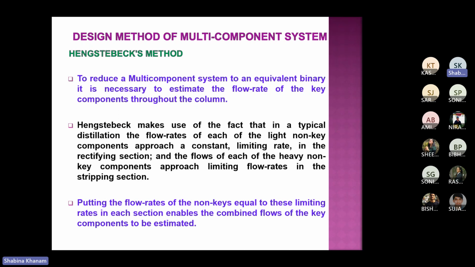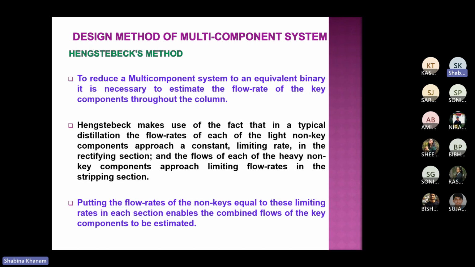So first of all, we have represented all components with their respective molar flow. Second, whatever non-keys are available, their flow we consider as constant. How to find this limiting rate we will discuss.